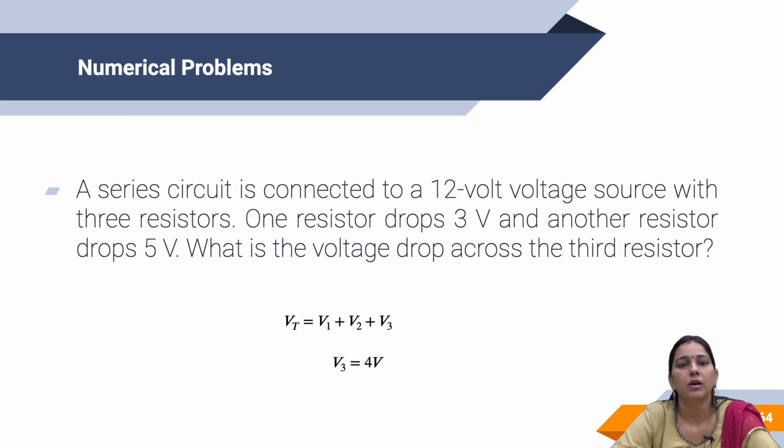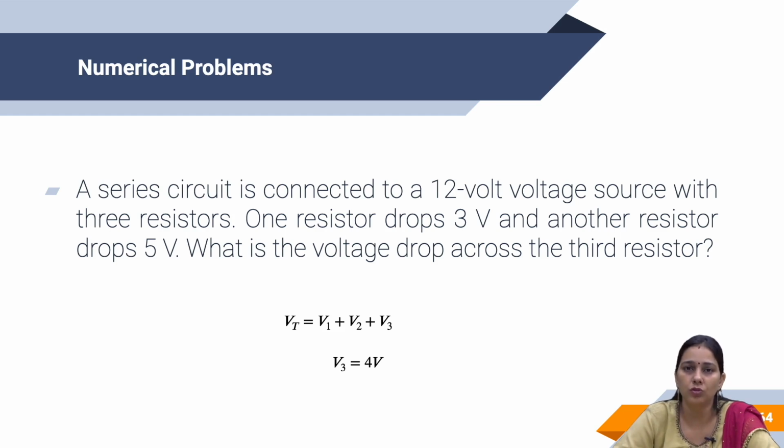The next question is: a series circuit is connected to a 12 volt voltage source with 3 resistances. One resistance drops 3 volts, another resistance drops 5 volts. What would be the voltage drop across the third resistance? According to KVL, the algebraic sum of all the voltage sources and voltage drops will be equal to 0. Here we are considering the input source to be 12 volts.